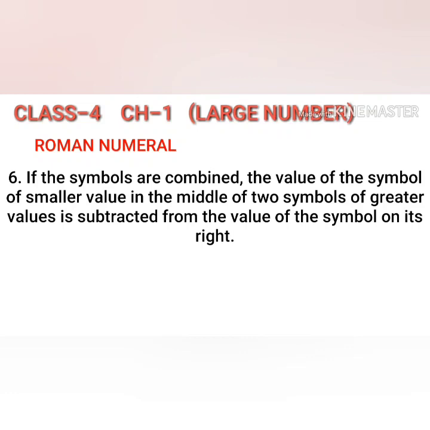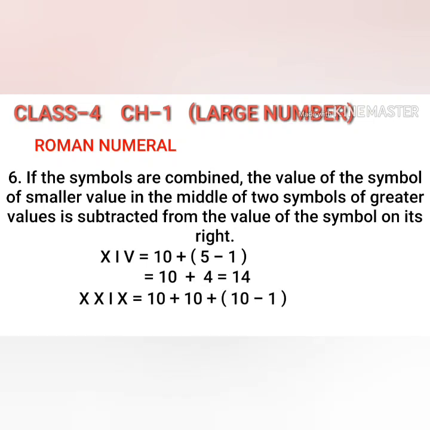Now rule number 6: if the symbols are combined, the value of the symbol of smaller value in the middle of two symbols of greater values is subtracted from the value of the symbol on its right. For example, XIV. Here I is less than V and also less than X, and it is in the middle of X and V. So what we have to do here?